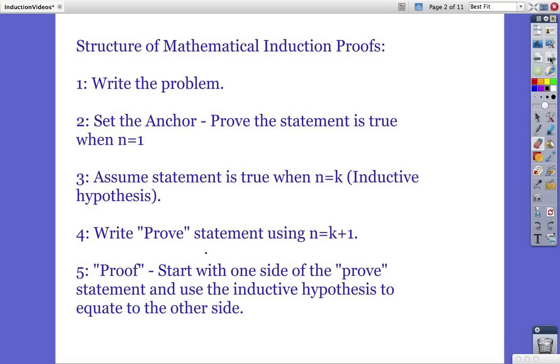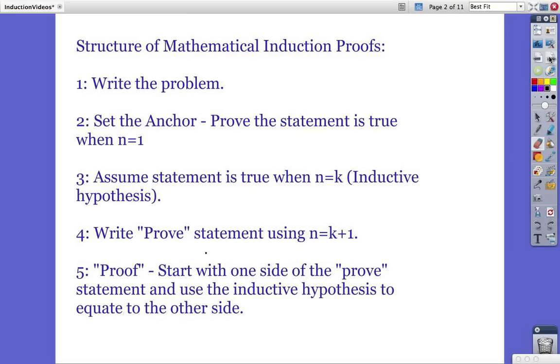That's going to be an assumption that is made when n is equal to some natural number, and we'll call that number k. In the fourth step, we'll write a prove statement, which is simply a statement showing what you're trying to prove. And lastly, the actual writing of the proof. The strategy there would be to start with one side of the prove statement and then show, using your inductive hypothesis, that it is equal to the other side.